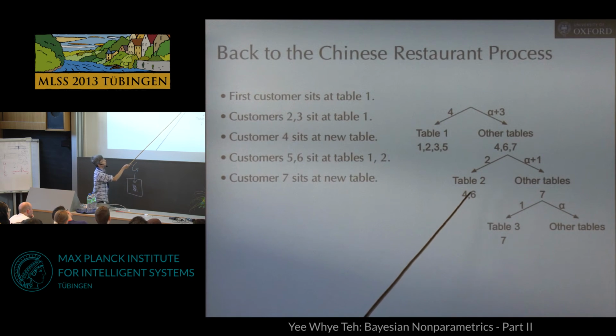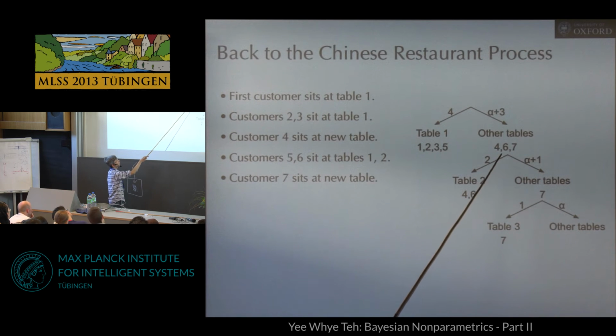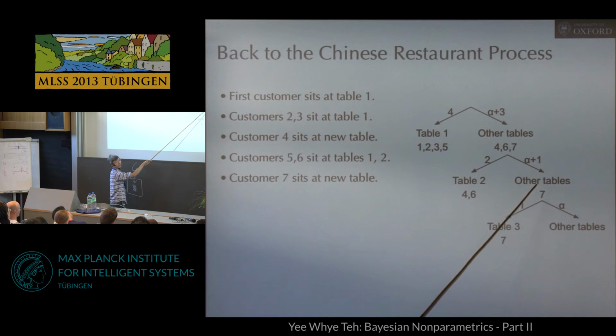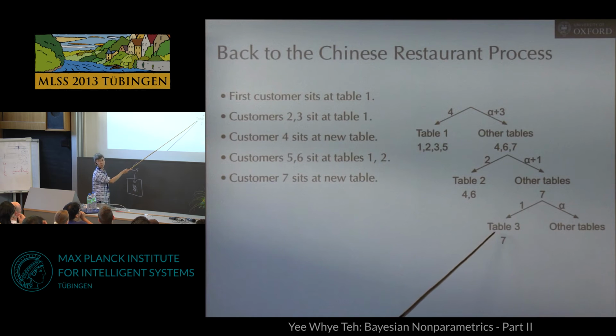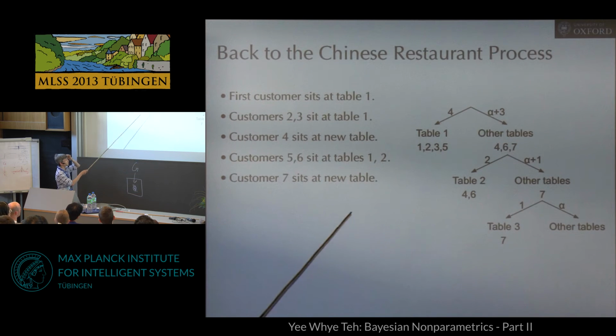With probability proportional to 2, it sits at table 2. With 1 minus that probability, it sits at another table. With probability proportional to 1, it sits at table 3, or creates a new table with probability proportional to alpha. That's the sequence of decisions created by the Chinese restaurant process.